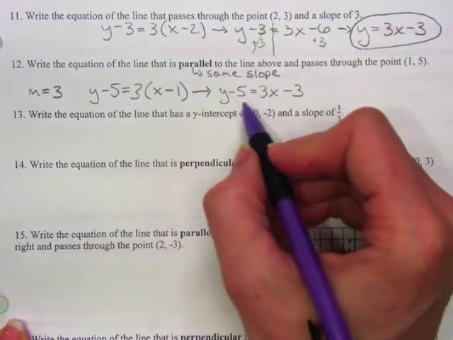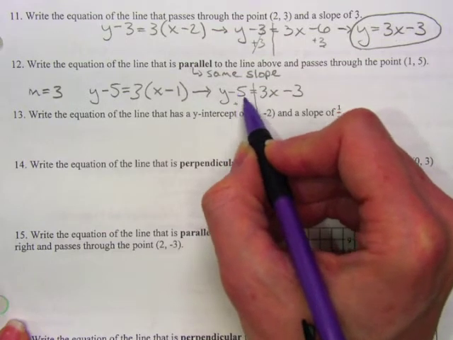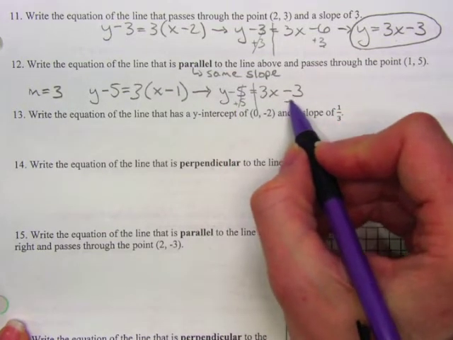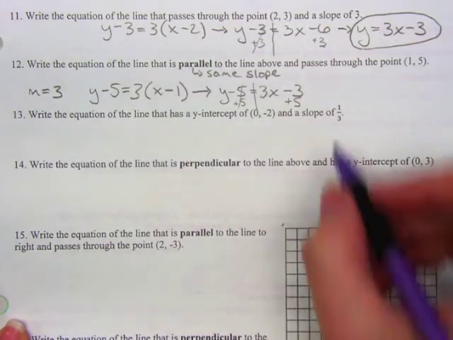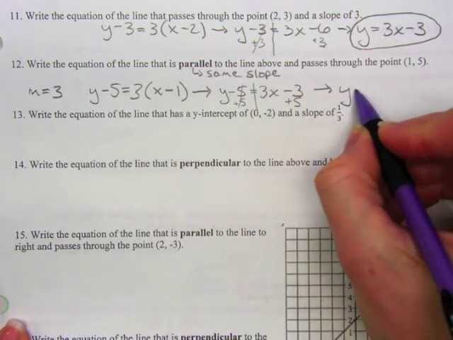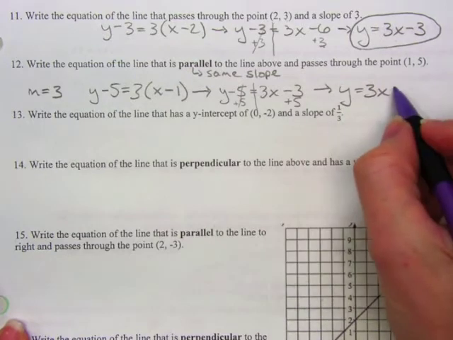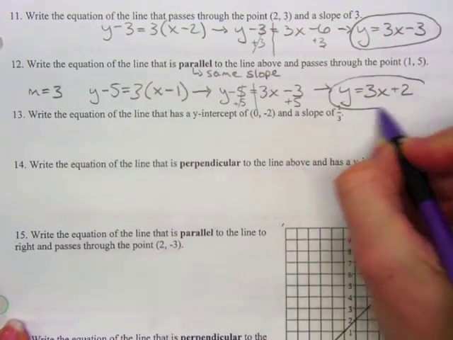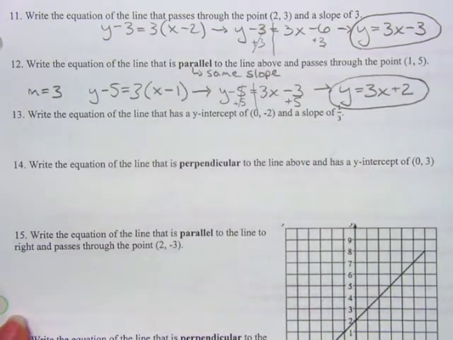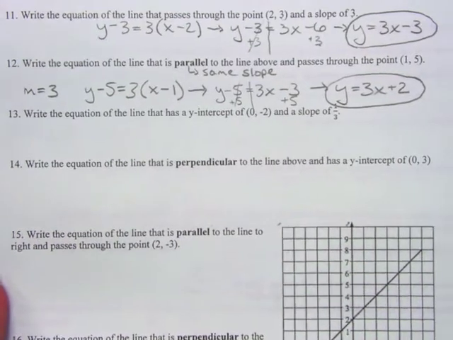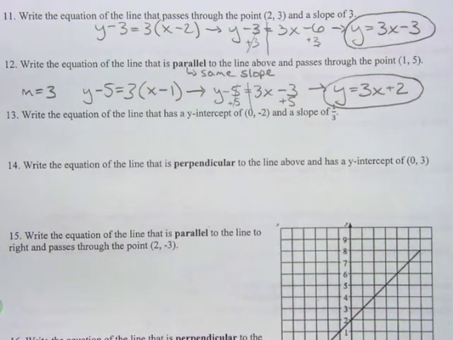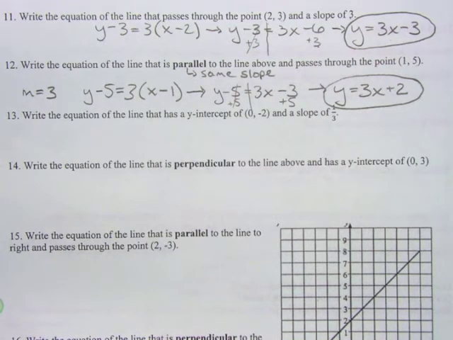And then to get y alone, I'm going to add this 5 to undo that minus 5, and do that on the right side with its like term. And I'm going to get y equals 3x. Minus 3 and plus 5 gives me plus 2. Okay, we've written the equation for the line that is parallel to our original line that goes through the point (1, 5).